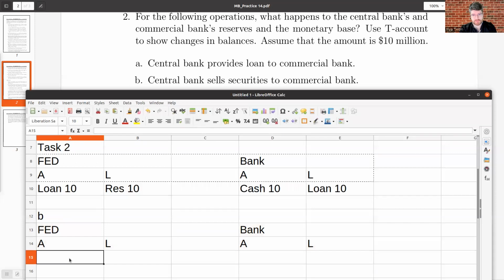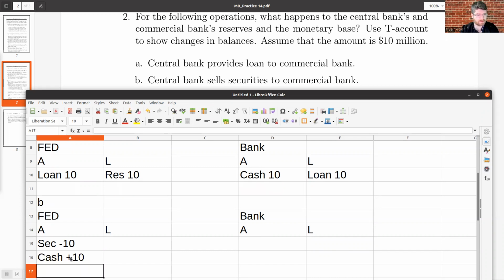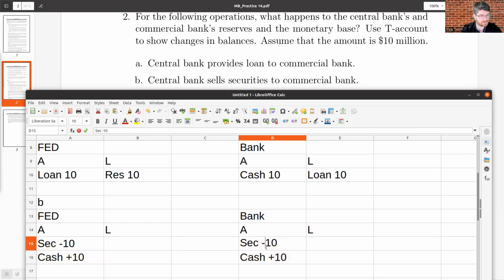The central bank sells securities, so securities for the central bank will be -10 and cash +10 for the Fed. And the opposite actions on the other side: securities +10, cash -10.